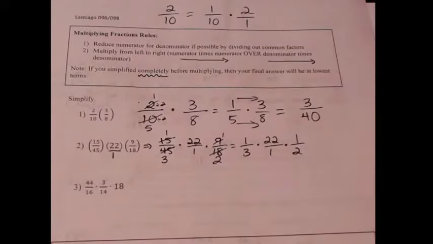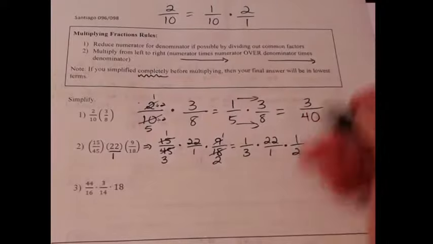You cannot reduce numerator for denominator across addition or subtraction or division. Okay? The only time you could reduce numerator for denominator across fractions is if you are multiplying them. Please remember that, okay? That's the only time. If you are multiplying fractions, you can reduce numerator for denominator across fractions.